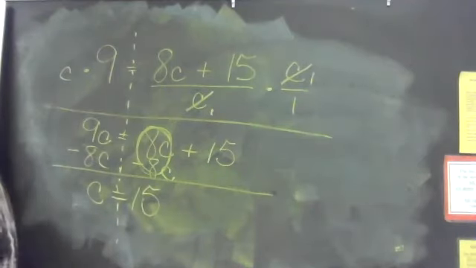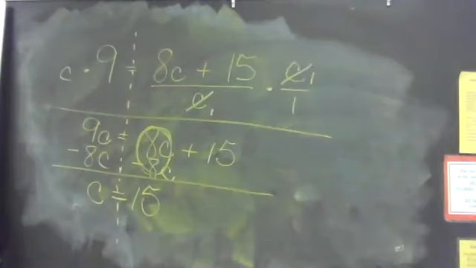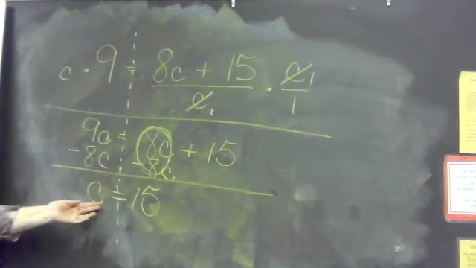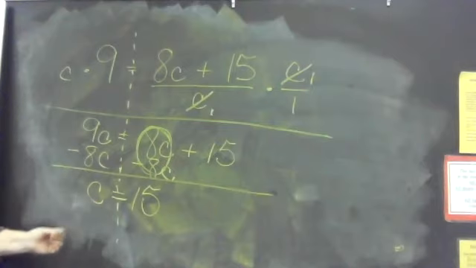Now you examine the equation that you have left and decide if you have to do anything else. Do you need to do anything else? No, because the C is by itself. So believe it or not, we didn't circle the C at all in this one. Okay, which is fine. C equals 15.